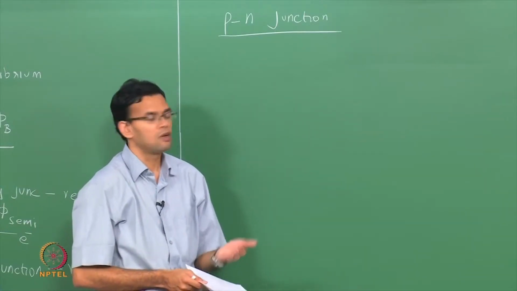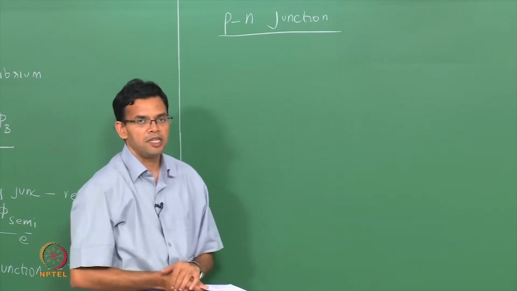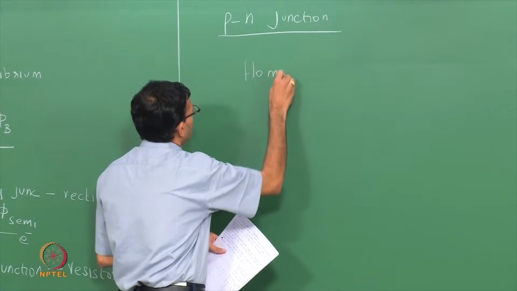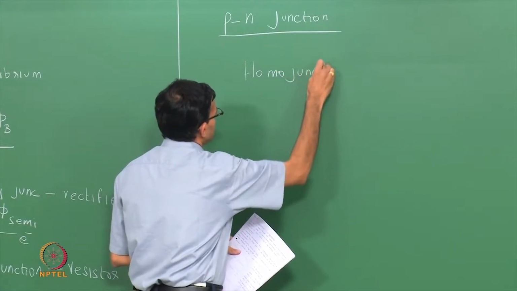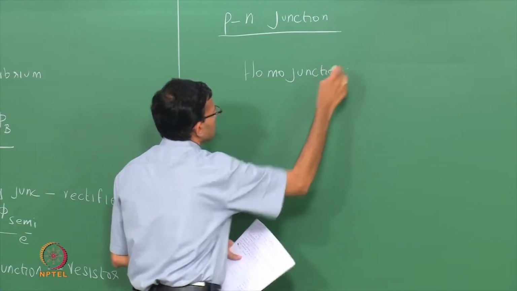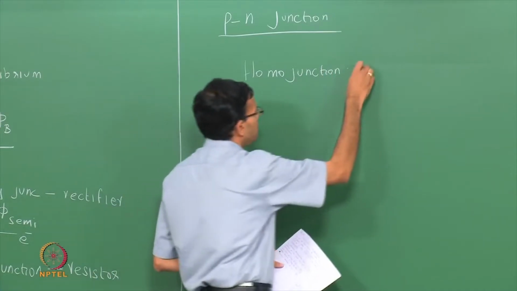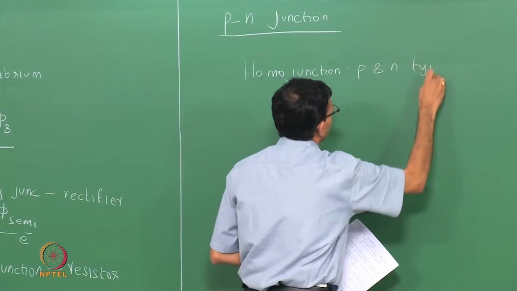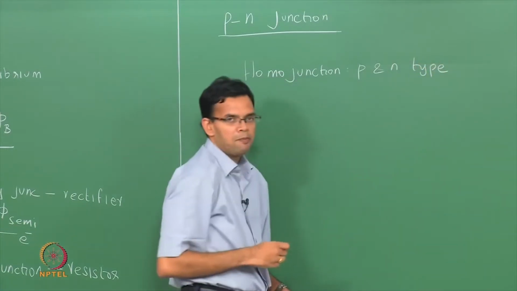Usually, both are formed from the same material, and such a kind of junction is called a homojunction. These are where both your p and n type are from the same material.